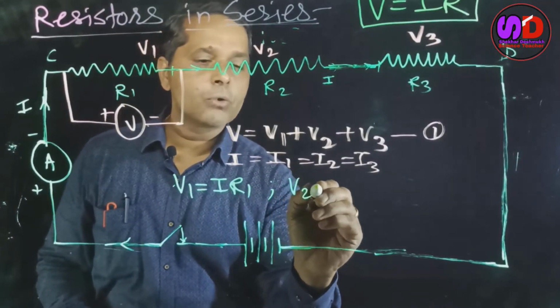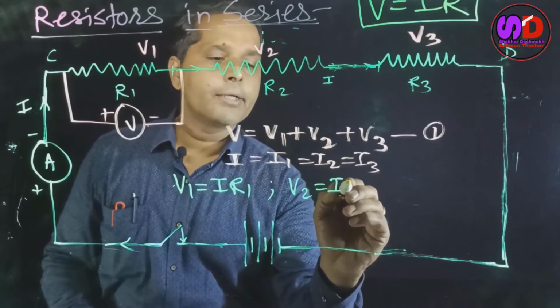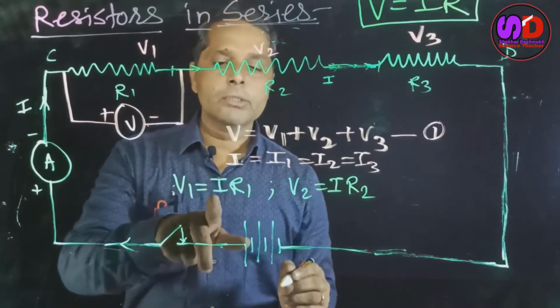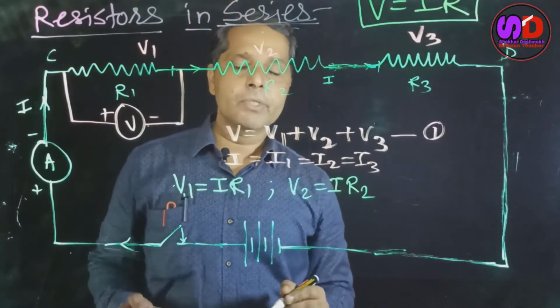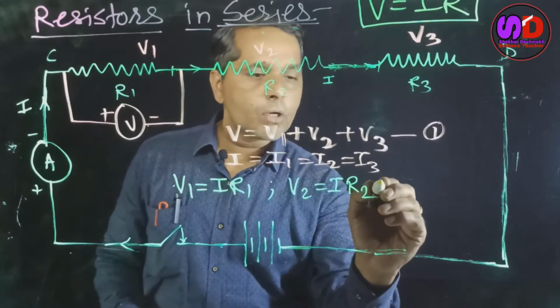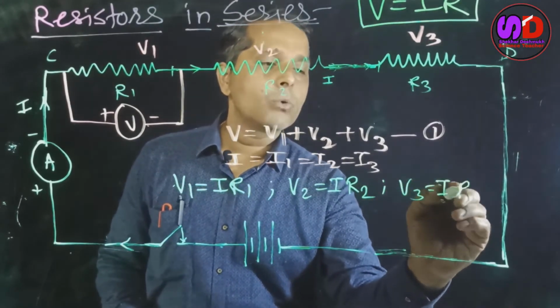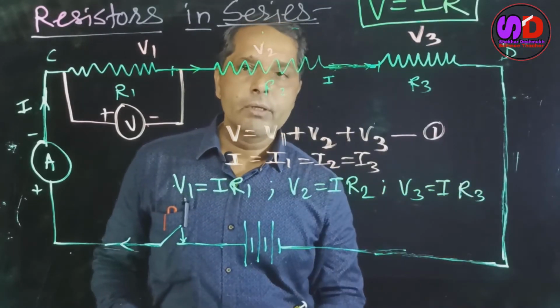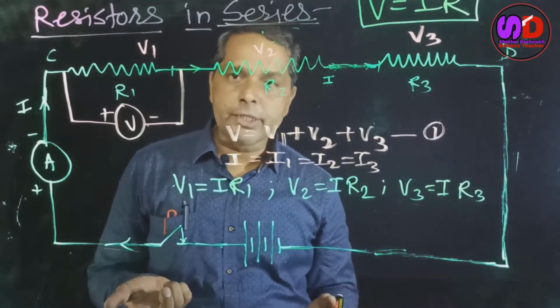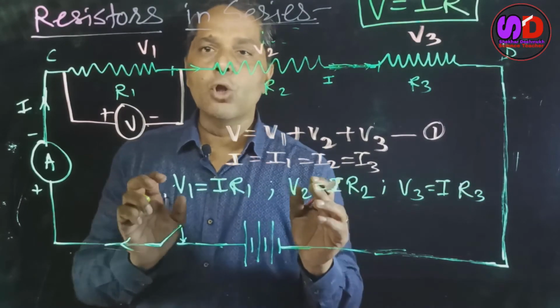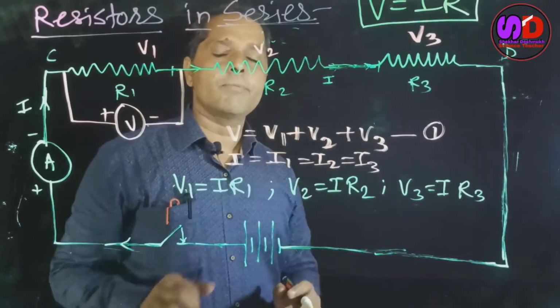V2 is equal to I into R2, because the same current I is flowing through them. What is V3? I into R3. We are just using Ohm's law here for each resistor.